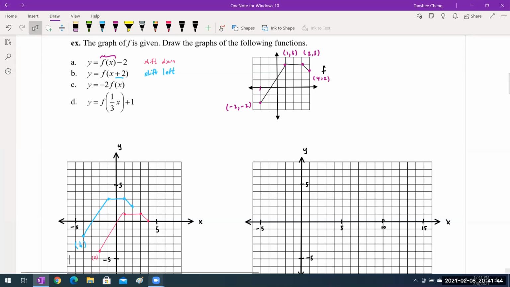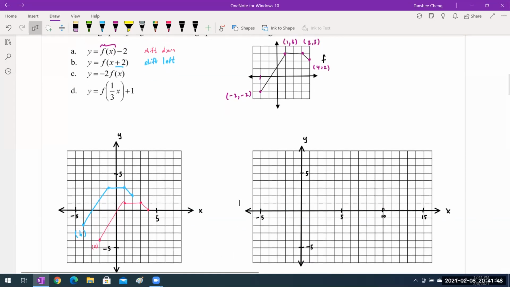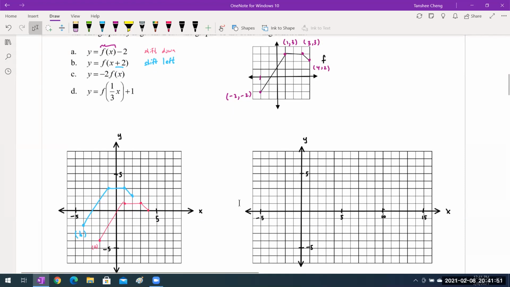Now, we want to answer parts C and D on another graph. For part C, you can see that it's -2 times f of x. So it's not only going to be stretching, it's also going to reflect about the x-axis. Okay? Because here's your y value, and you're multiplying the y value by -2.